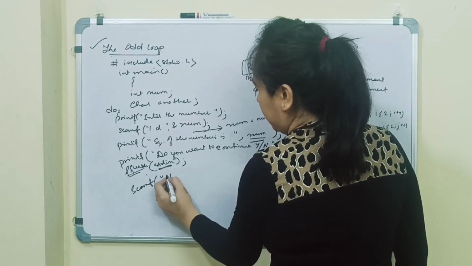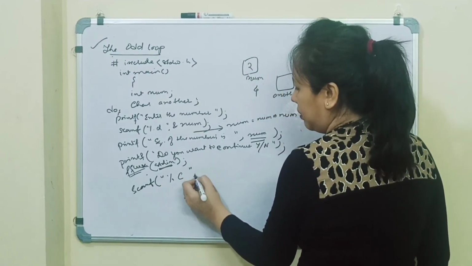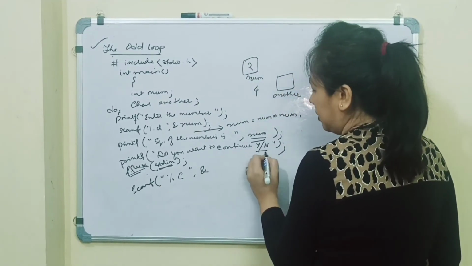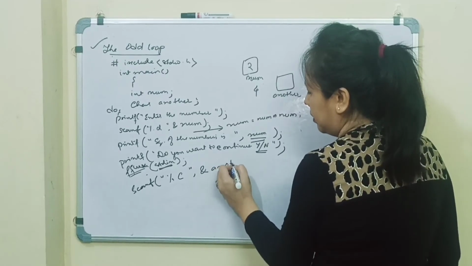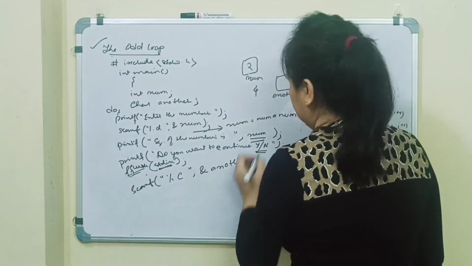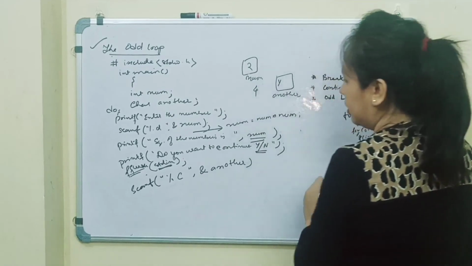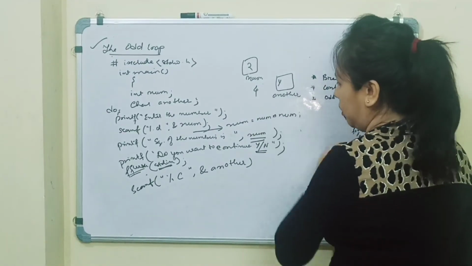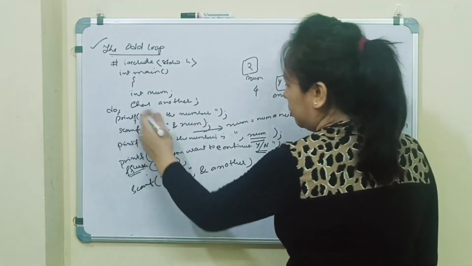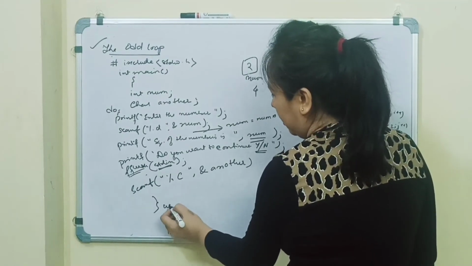Now scanf. Since another is a character type variable, we will store the yn in this location. Here y can be stored, and n can be stored.